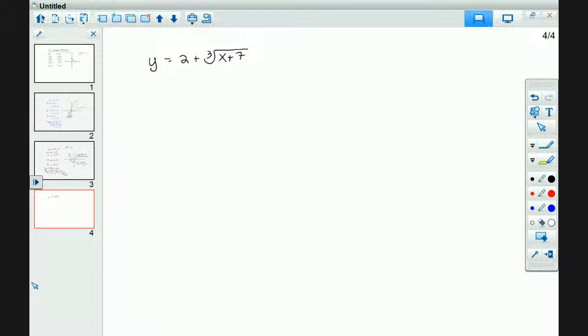Remember all of it, right? So if that's our function, and it is a function, what does it look like? What's the graph of the cube root? Anybody remember? That's a cubic. The cube root looks like this. It looks like the inverse of the cubic.